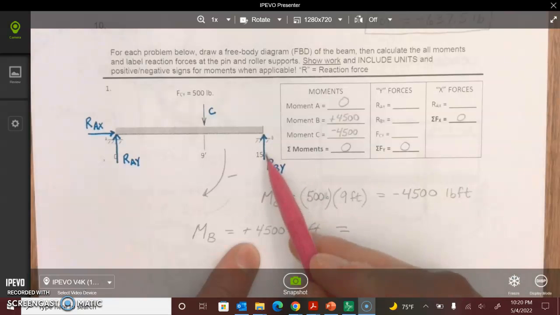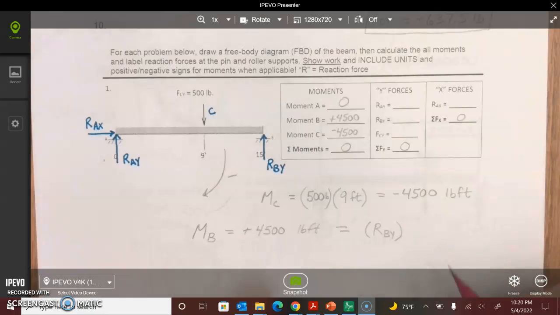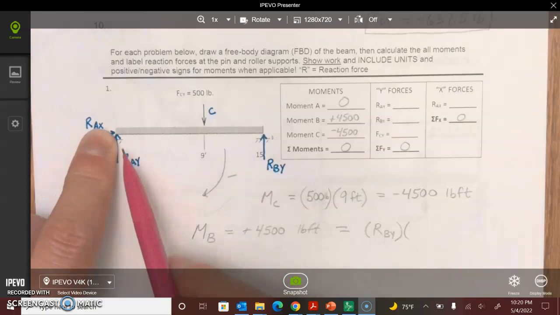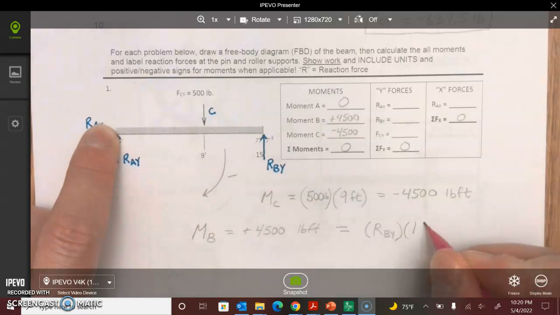Well, we know the moment is force times distance. The force is the reaction force, so the force is RBY. And the distance away from the pivot point, how far is RBY from the axis of rotation? 15 feet. It's all the way out here.